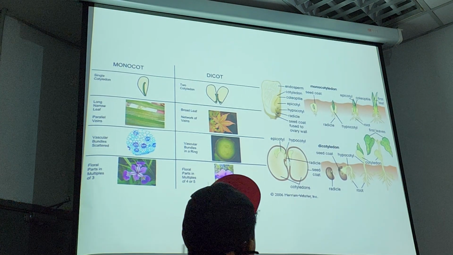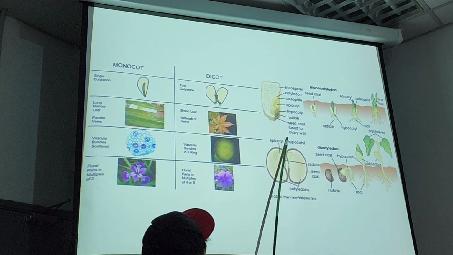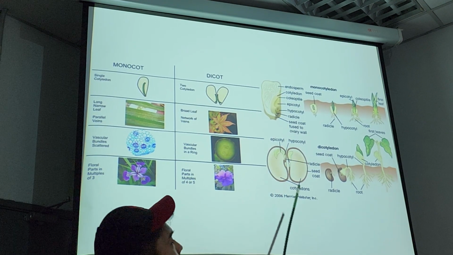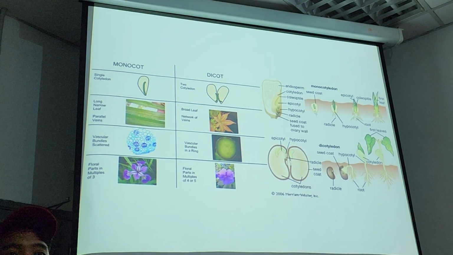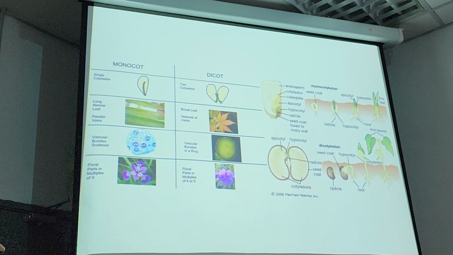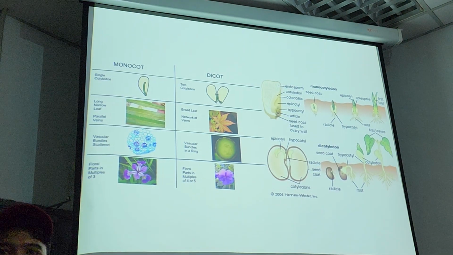For the cross section of a dicot seed, do you see any endosperm? There's no endosperm. Actually, there is, but very, very minor.